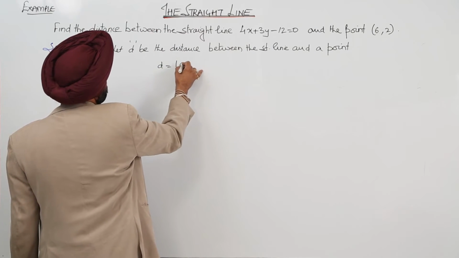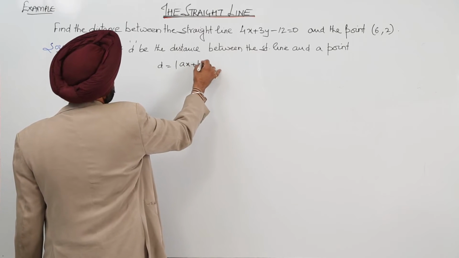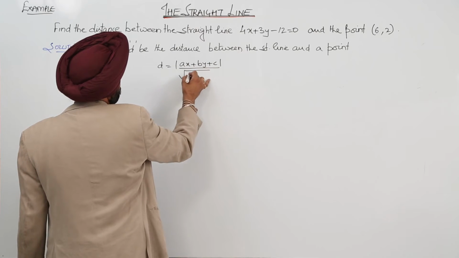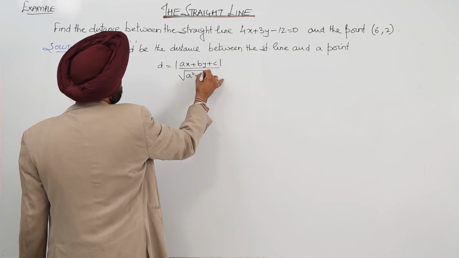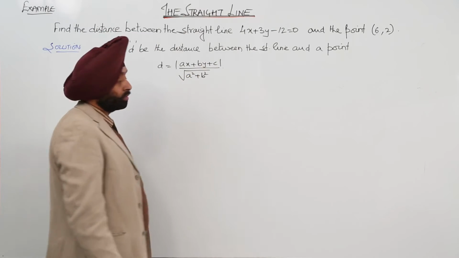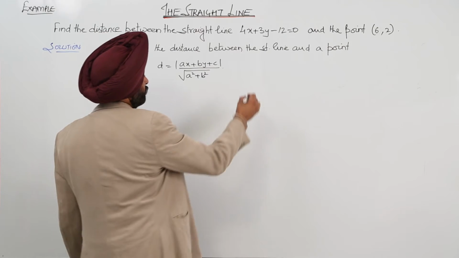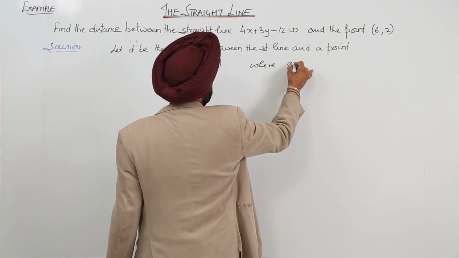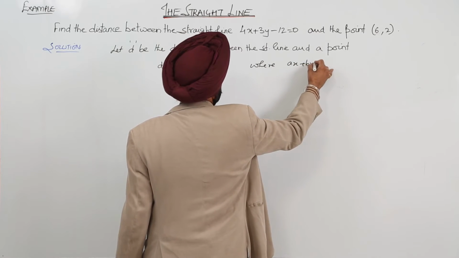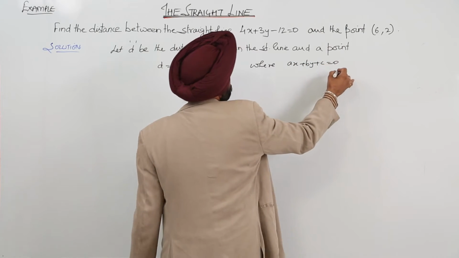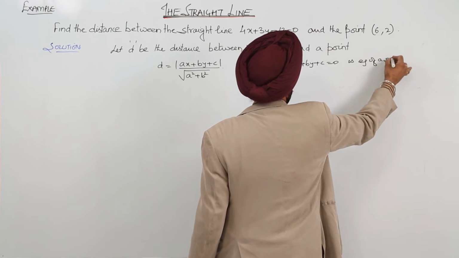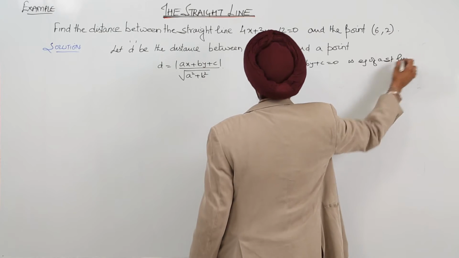D is equal to ax plus by plus c upon square root of a square plus b square, where ax plus by plus c is equal to 0 is the equation of a straight line.